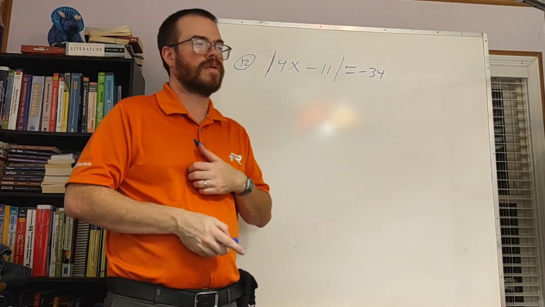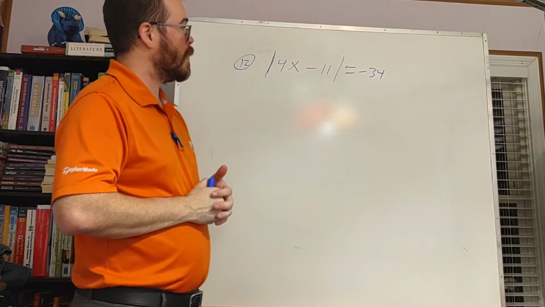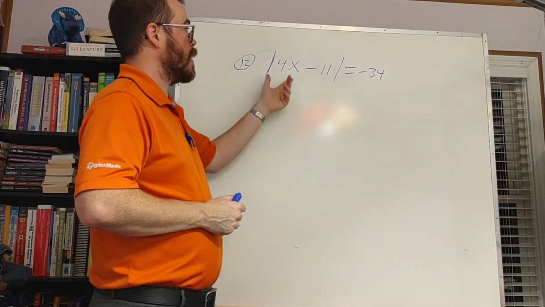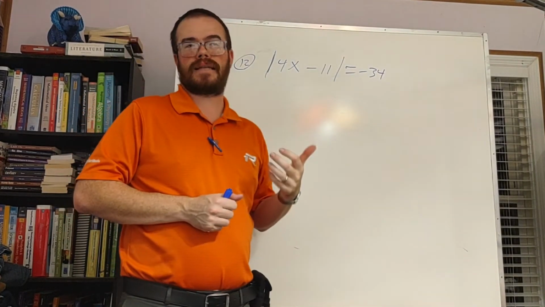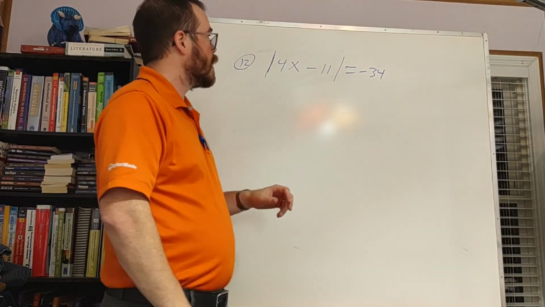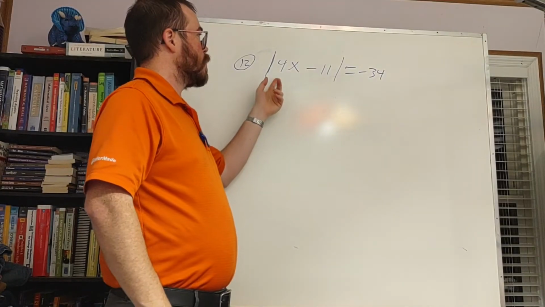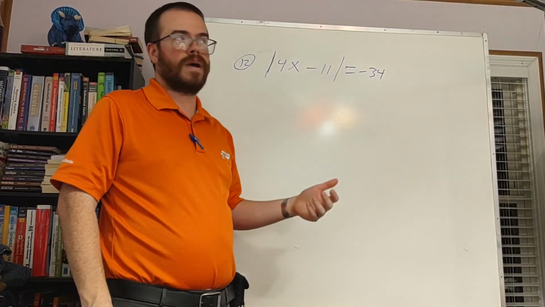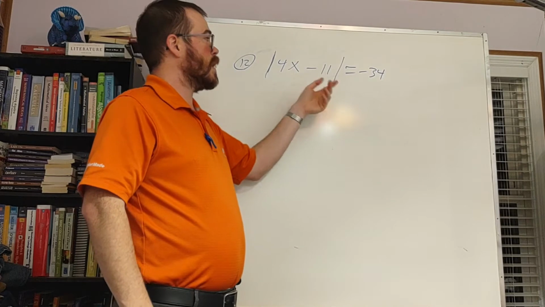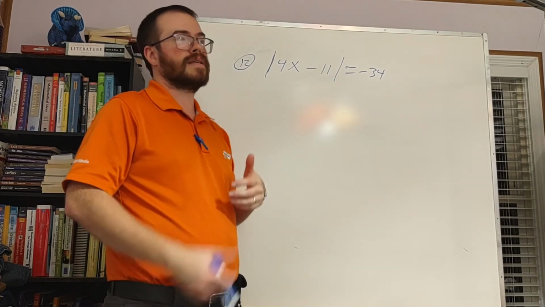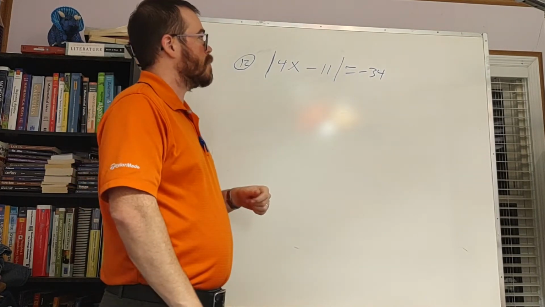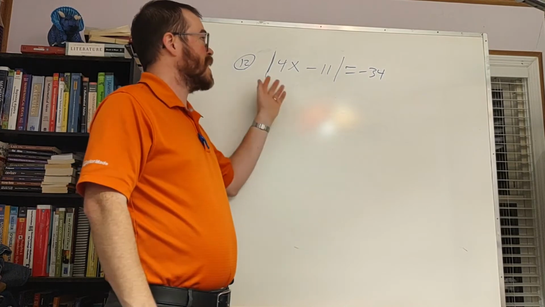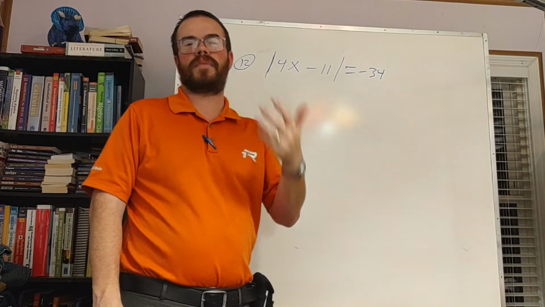Let's say x was -5. -5 times 4 gives us -20. -20 minus 11, so that's some negative.